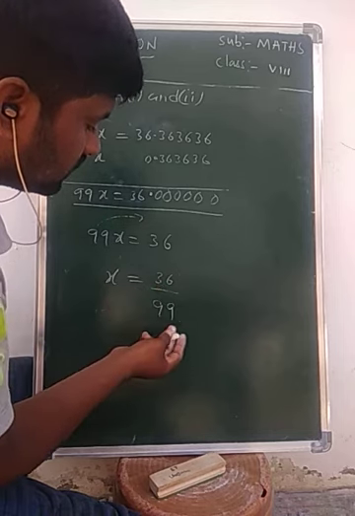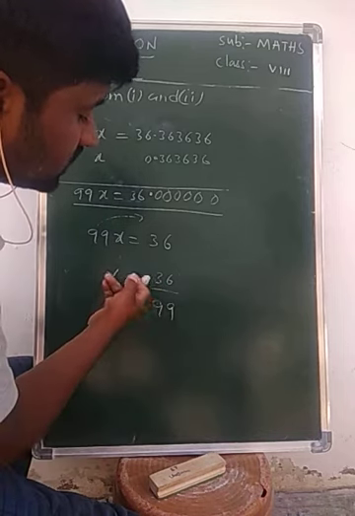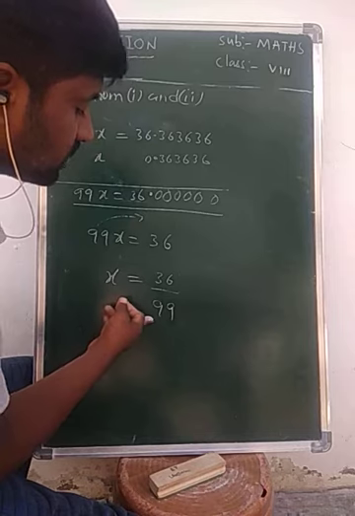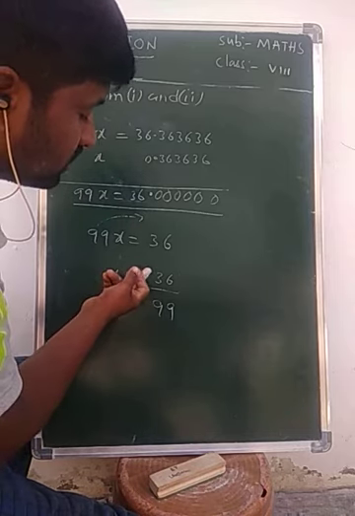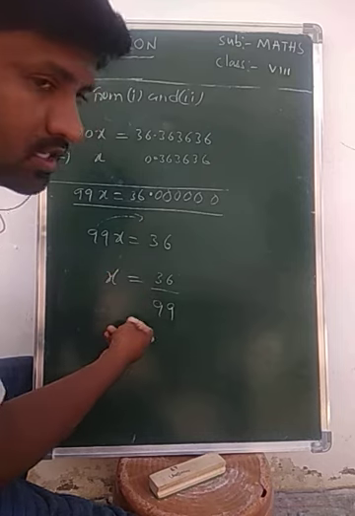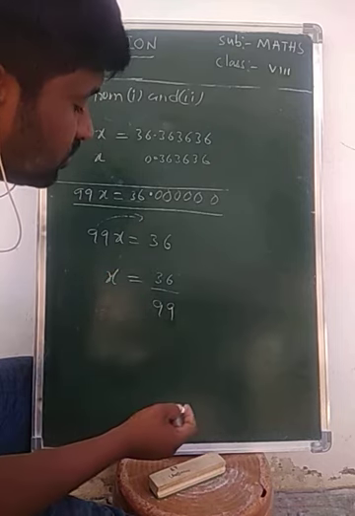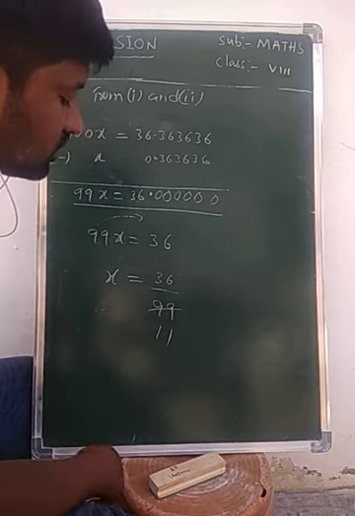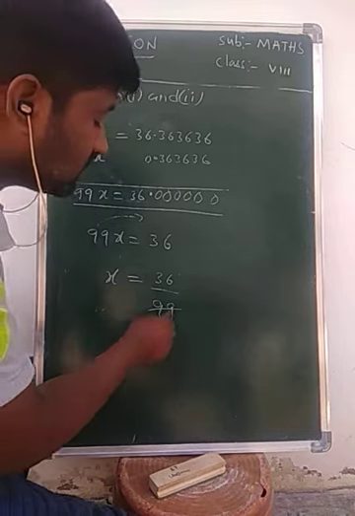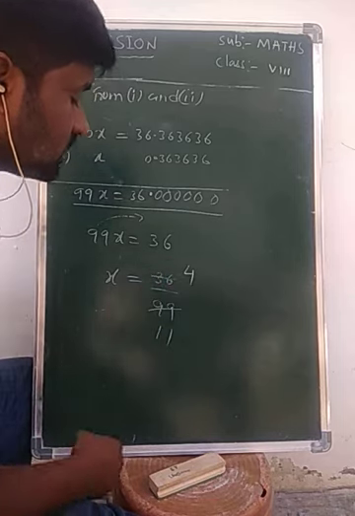Clearly 3 is a common divisor for 36 and 99, and 9 also. 9 would be a common divisor for 36 and 99. Yes or no? So I am using the 9 table. 9 11s are 99, 9 4s are 36.